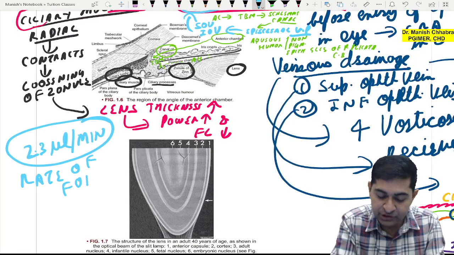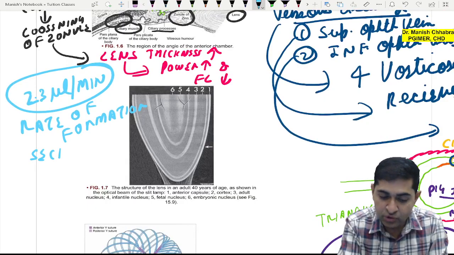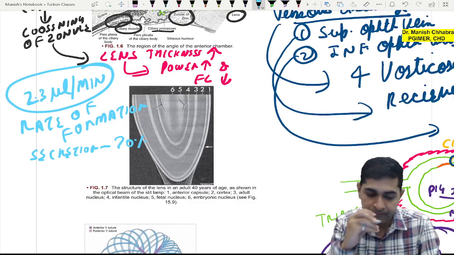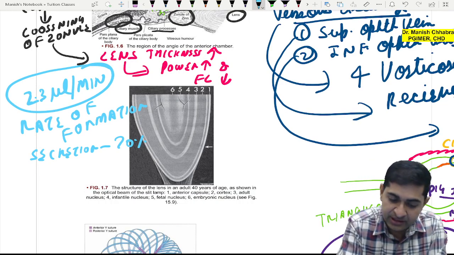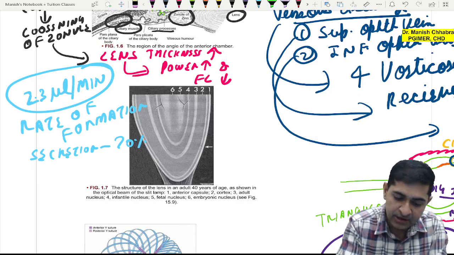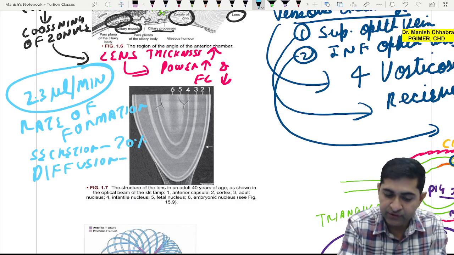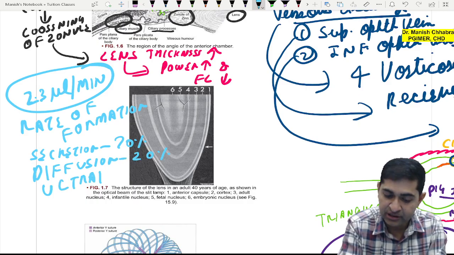It is produced by the process of secretion, which is 70%, then diffusion, which is 20%, then ultrafiltration, whose contribution is 10%.